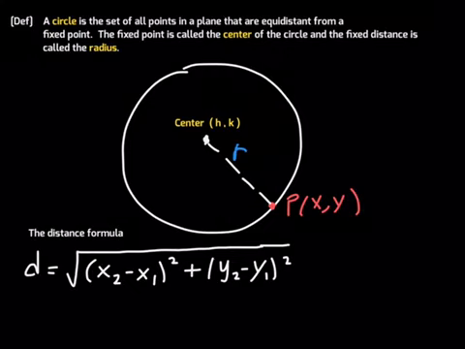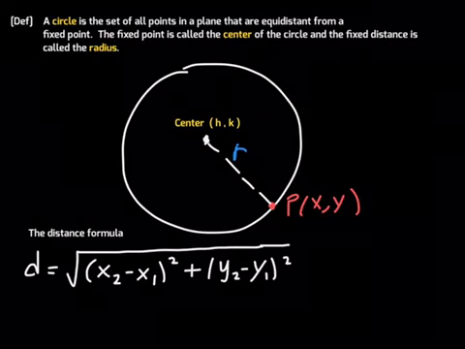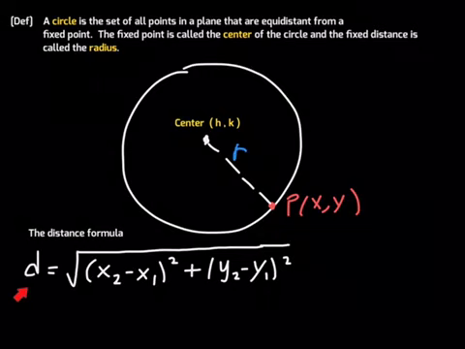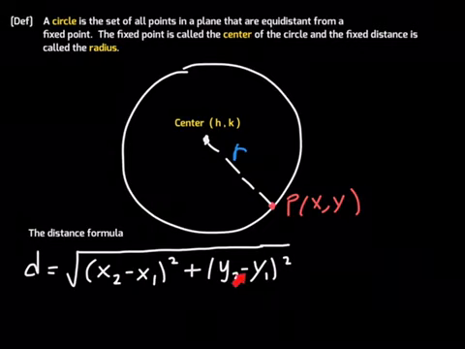Okay, now, in order to derive the standard form for the equation of a circle, we're going to use something called the distance formula. It might have been a while since you've seen this formula. This formula says that the distance between any 2 points in the Cartesian plane is equal to the square root of the sum of the squares of the differences between the x-coordinates and the y-coordinates, okay?